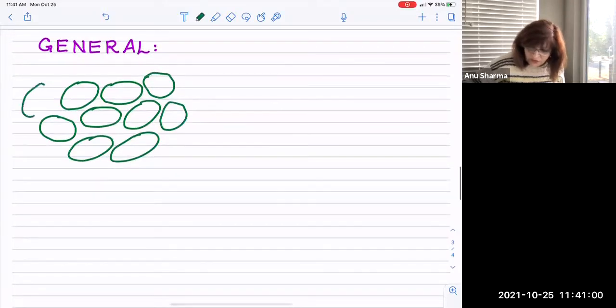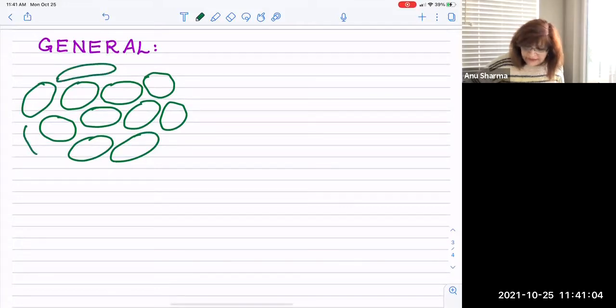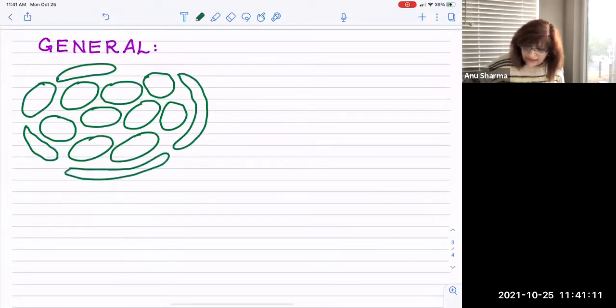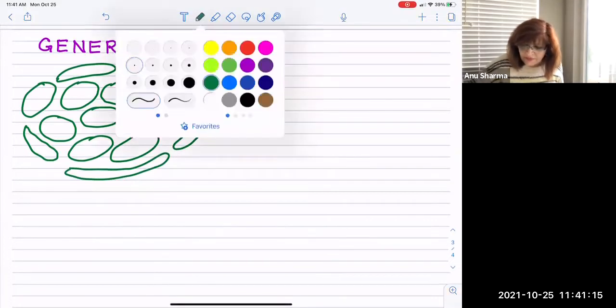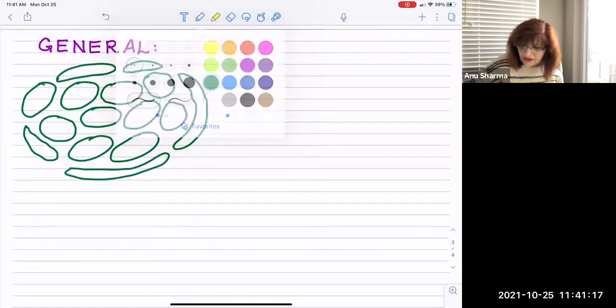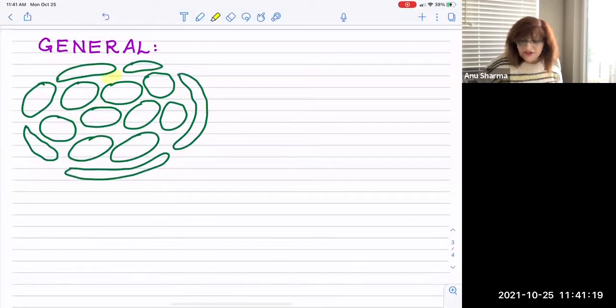They're circular, or even if they are long, whatever their shape is, it doesn't matter. What is important is that they have all these empty spaces in between them. These empty spaces are called the intermolecular spaces.